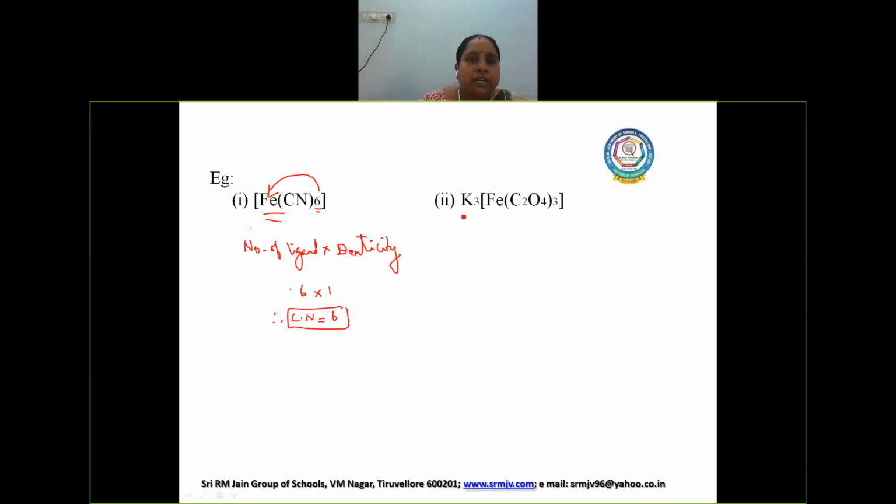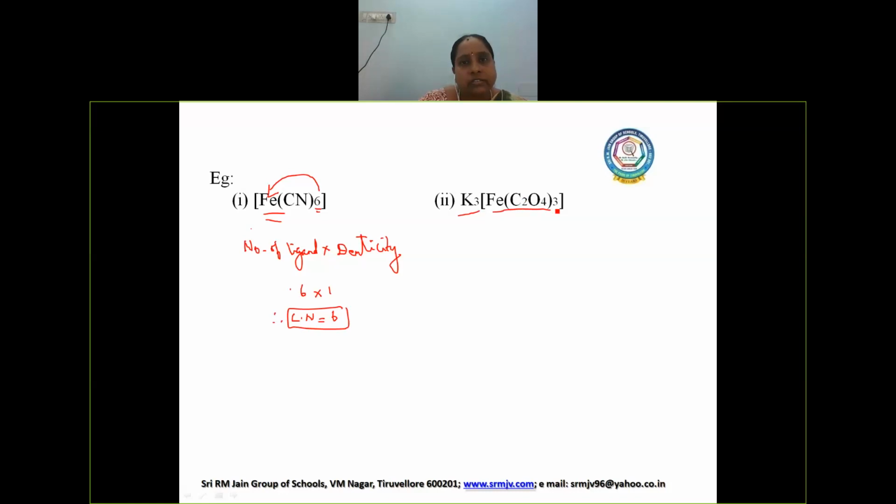Here we have three cations which are present outside the sphere. Okay, so they will not be considered as ligands. It is a positive ion, a cation, which is present outside the sphere, whereas the sphere contains iron and oxalate as the ligand. How many oxalates are present here?